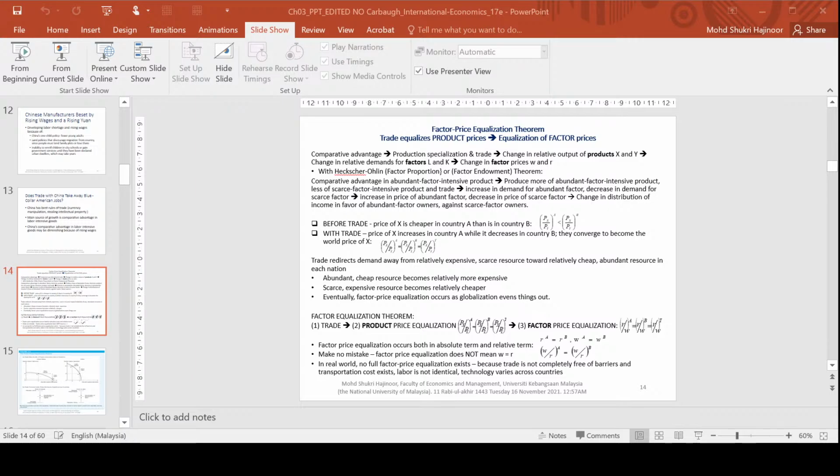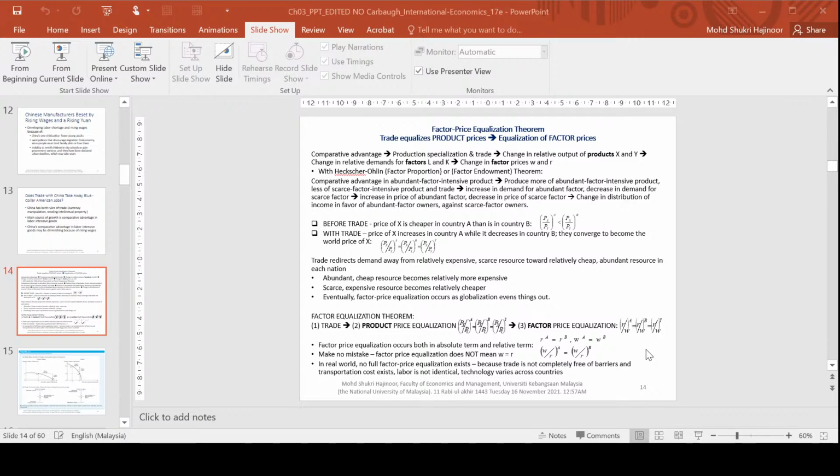The interest rate will go up, I or R, whatever. The notation that I use, R is okay, I is okay, both refer to the interest rate. More production of capital intensive goods, which is aircraft, means more demand for capital. More demand for capital, the interest rate will go up.